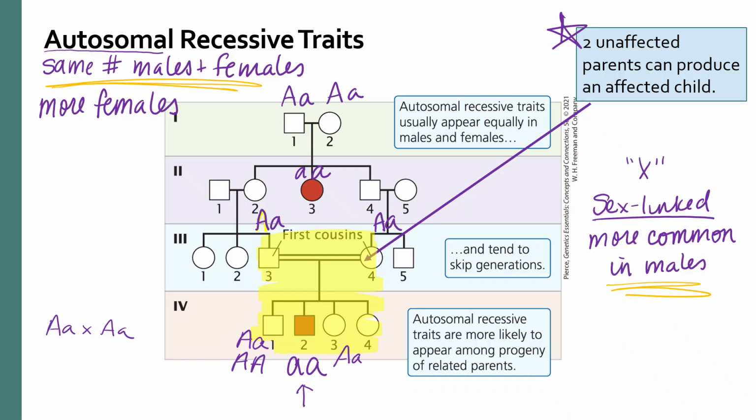And you may be able to rule out one or the other if you have information on their children as well. So for example, we know that these two individuals must be heterozygous because they have to pass on the recessive to their children. And we could work through and figure out the other individuals as well and as requested.